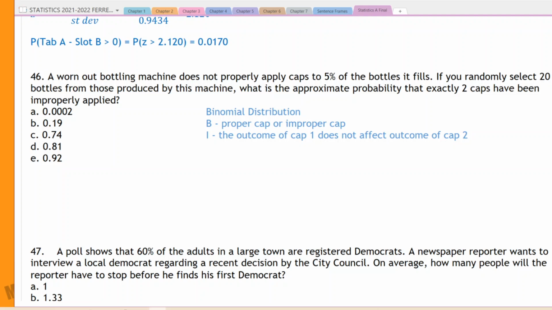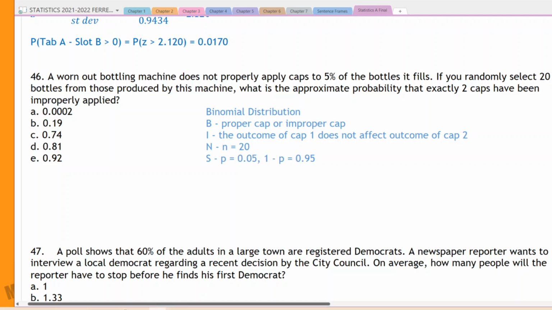And there's nothing here to say that it is independent or not, so I think we might have to go on assumption on this one. Since this is a machine we're talking about, the independence is probably going to work out for us. For the same number of trials, well, we know we're applying 20 bottles.